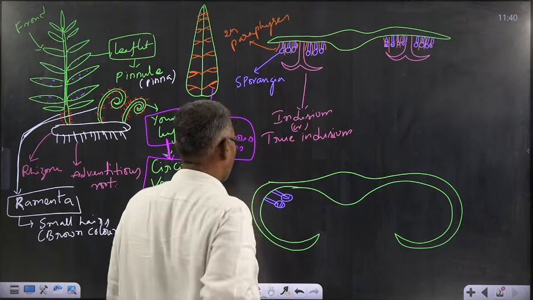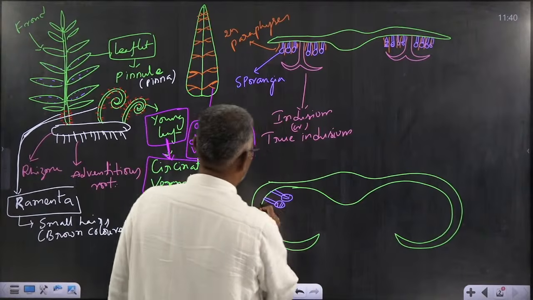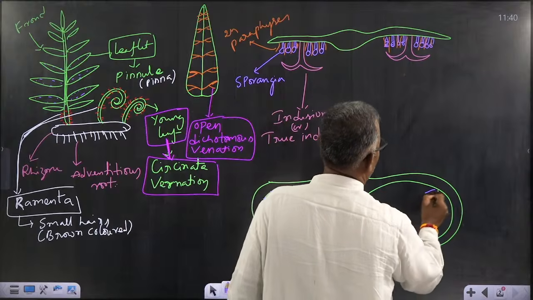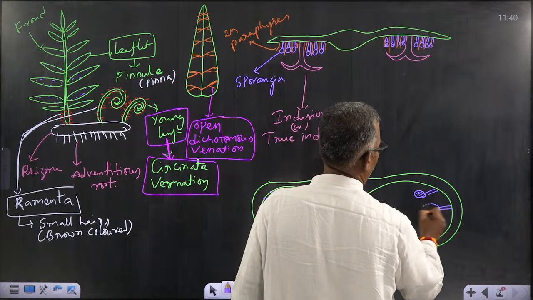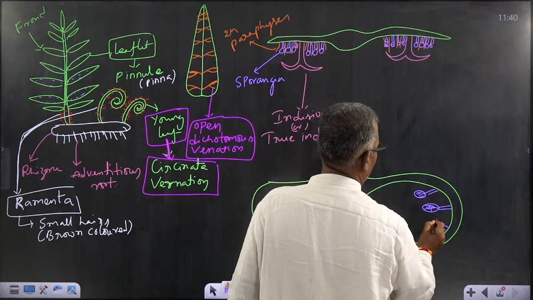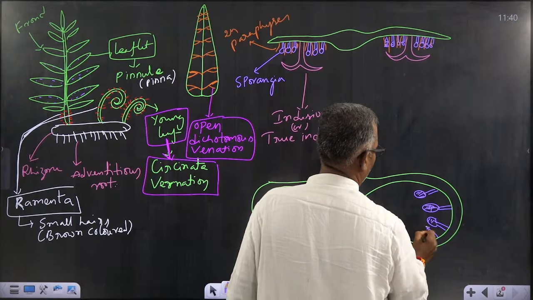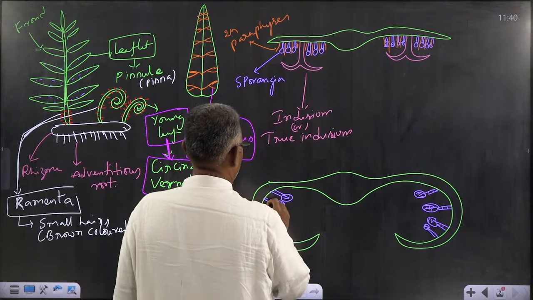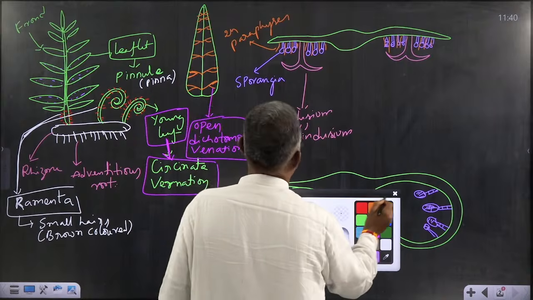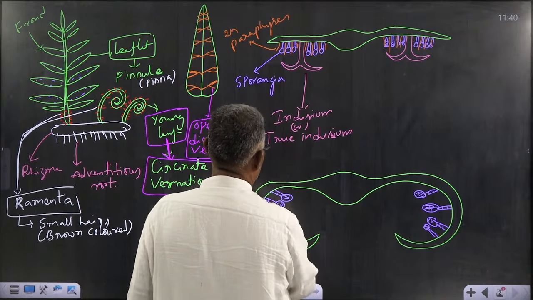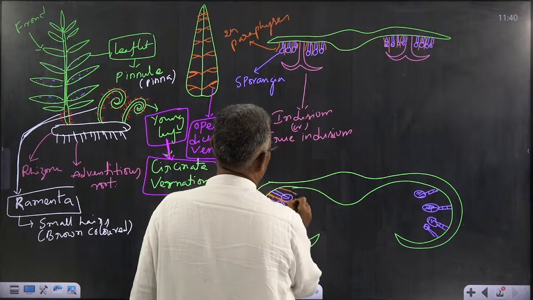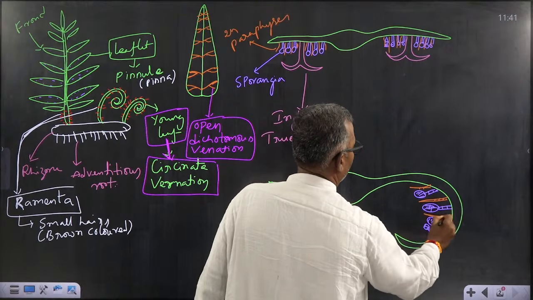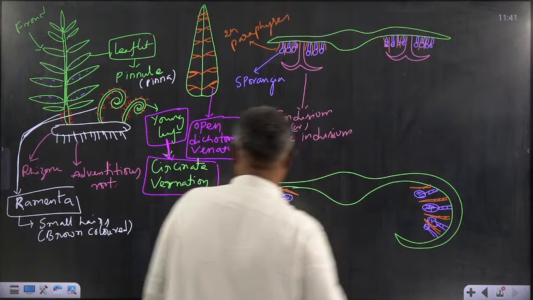Now here these are the sporangia. In the case of Pteris, the sporangia are also intermixed with paraphyses. These paraphyses are also multicellular.